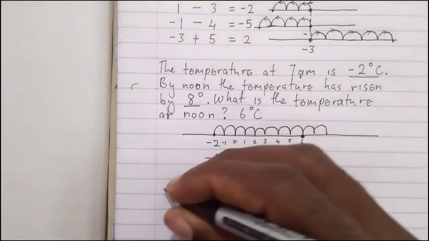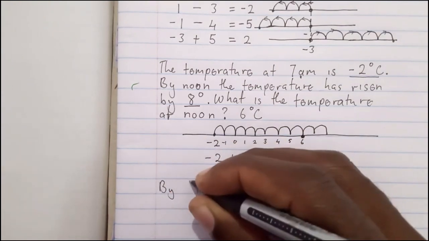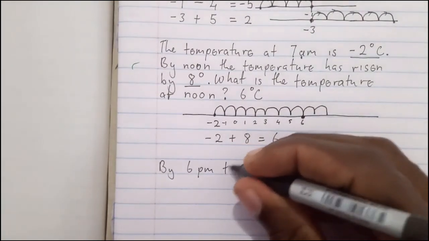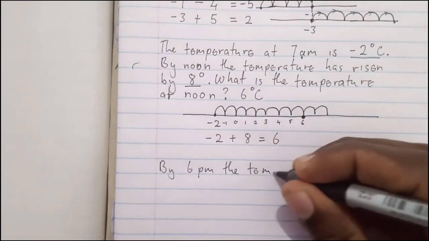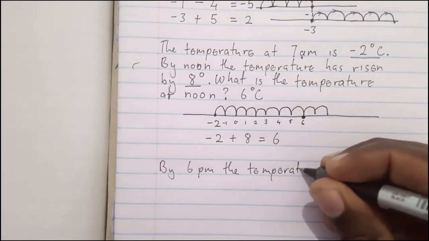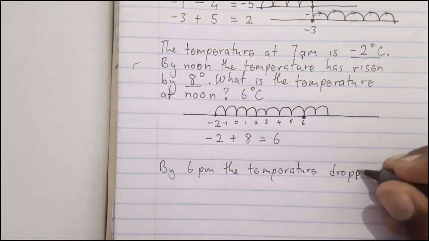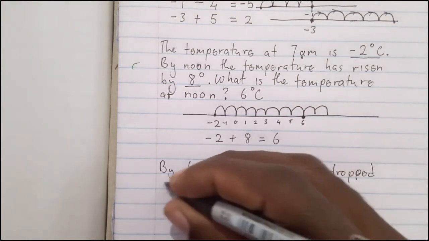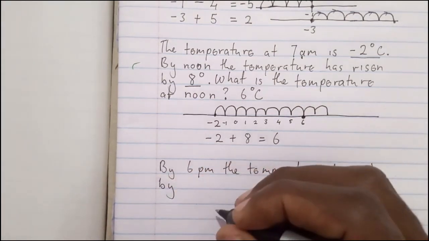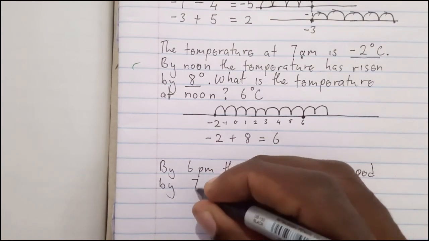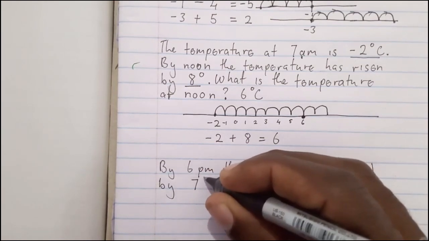Then, by 6 p.m., the temperature dropped by 7 degrees.